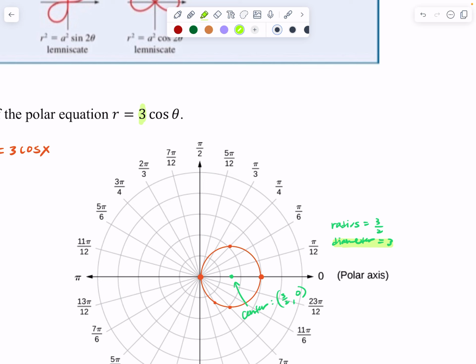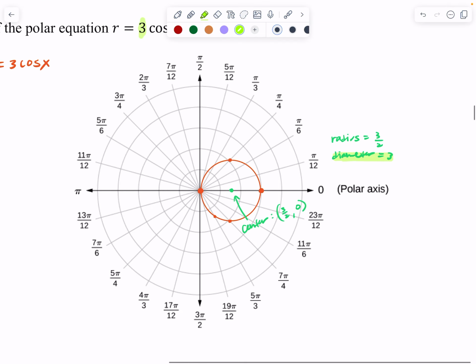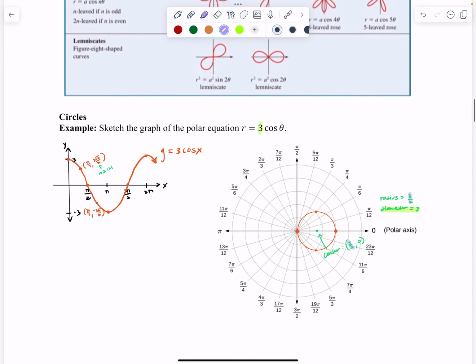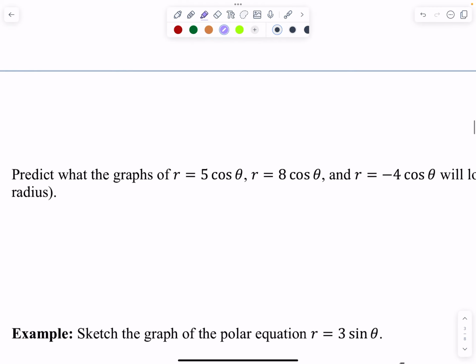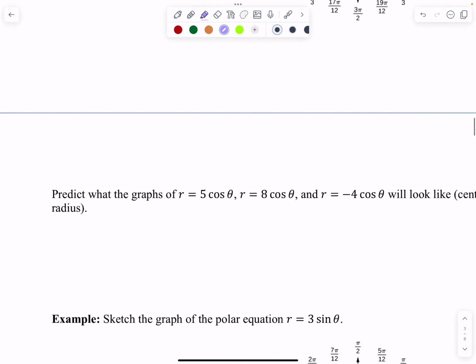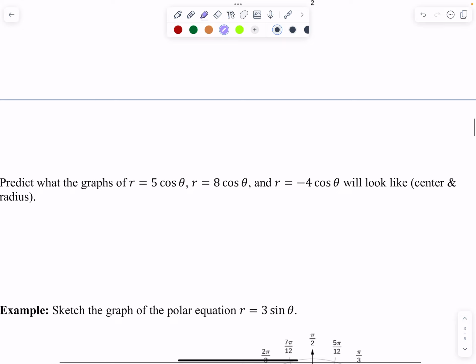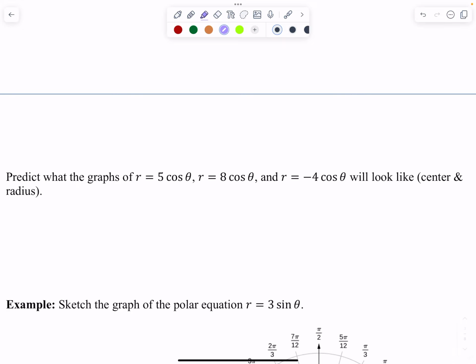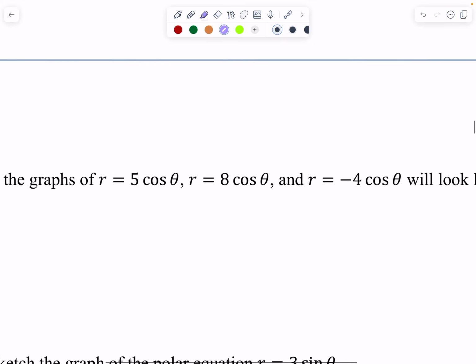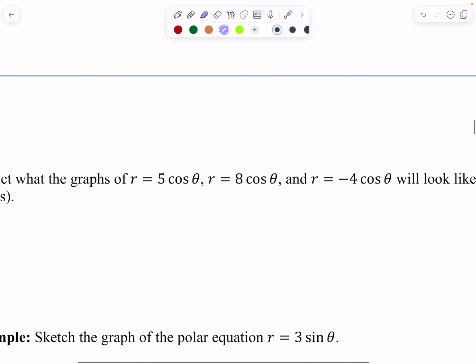And the radius is half the diameter, and that corresponds to the center here. So if you want to generalize, you can go through here and think about where the center and what the radius would be for each of these equations. You can pause and take a moment to do that if you'd like.